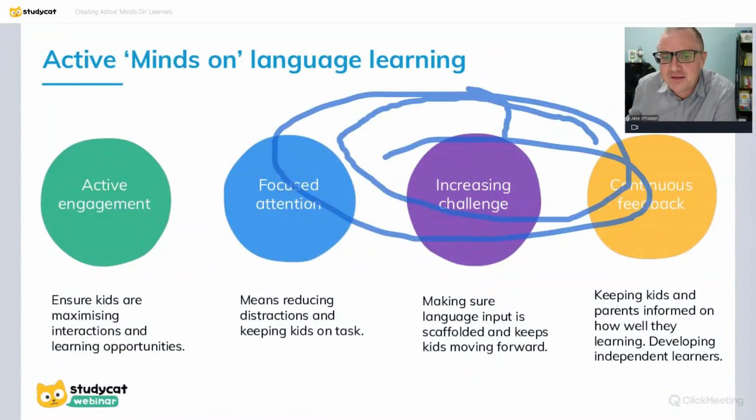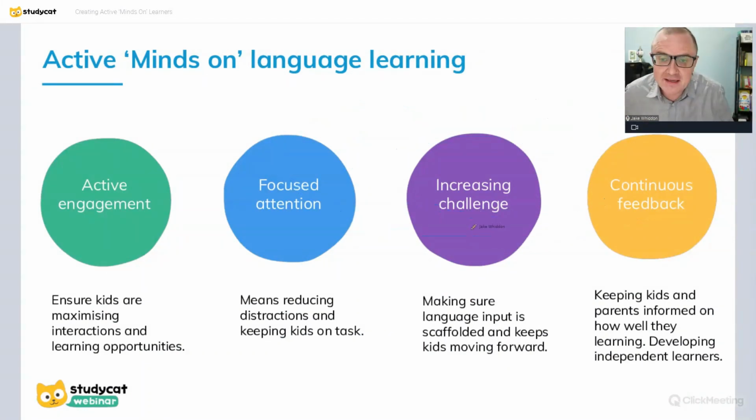I just wanted to go back to this page, sorry. When we had a look at that game we did with the buckets, if you think about the game with the buckets, the active engagement was the buckets are popping up and you have to touch. So that's an interaction. That's something you have to do, not just stare at it. You've got to do something. The focused attention is driving your attention to where the bucket pops up. I need to see, is it red or yellow? And I've got to focus in on that.